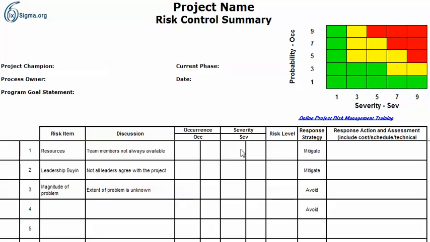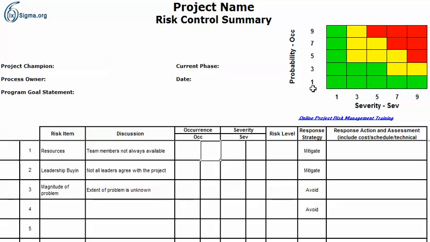Now, as you know by now, in my templates, wherever you see yellow colored cells, I require an input, and I chose not to do that here because of the other colors that are used from the risk cube itself. So what I do is I key in a value here, and the value for the occurrence comes right from this axis right here. So it's either 1, 3, 5, 7, or 9.